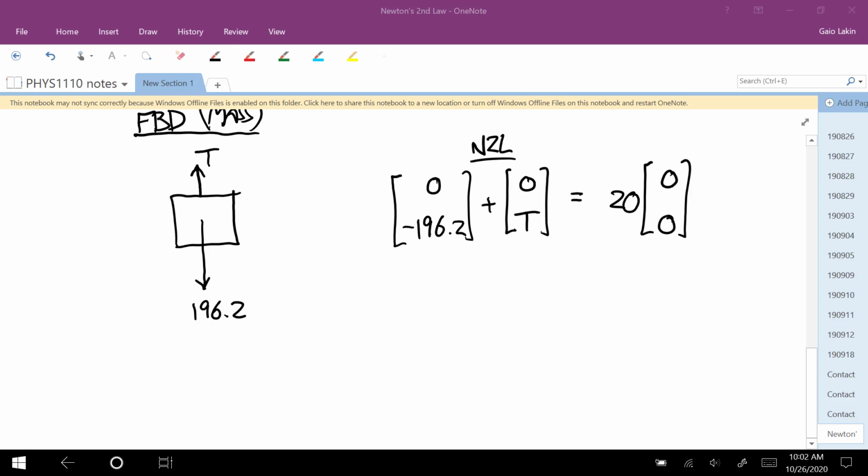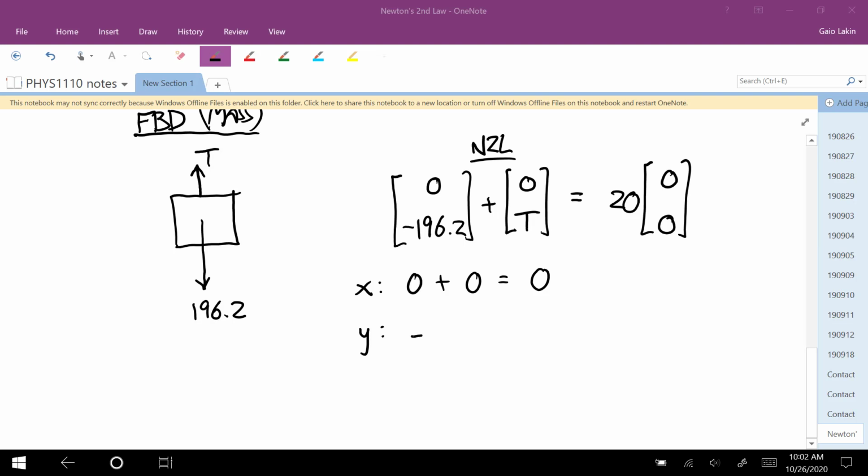And now you can break this vector equation up into an x component equation and a y component equation. The x component equation says 0 plus 0 equals 20 times 0. Okay, so in this particular problem, that one doesn't tell us anything. It just gives us 0 equals 0. The y equation in this problem is the one where everything interesting is happening.